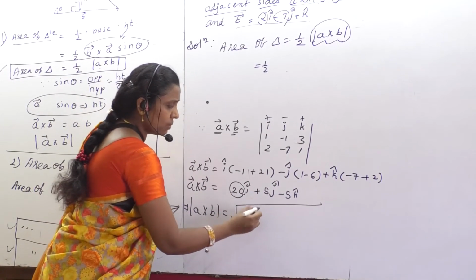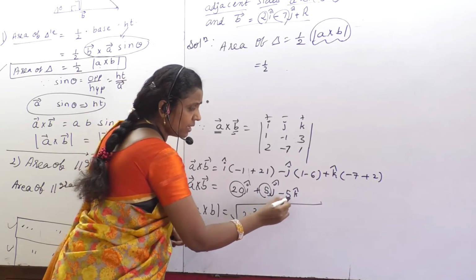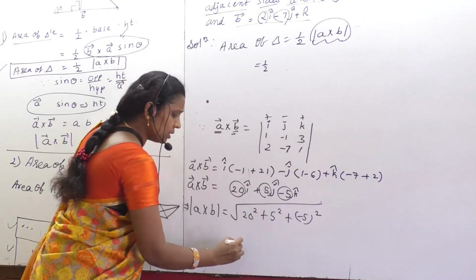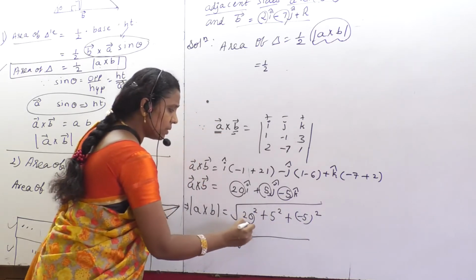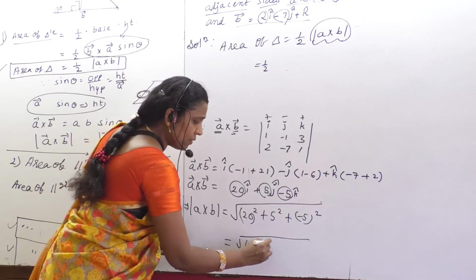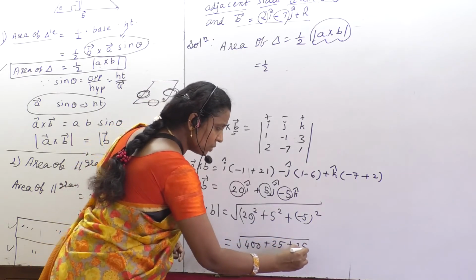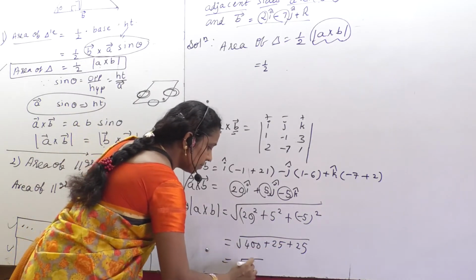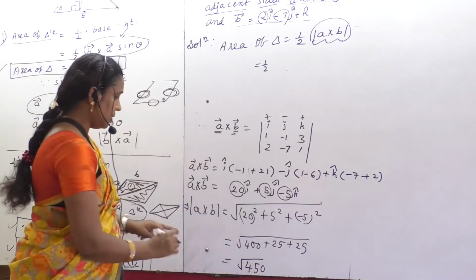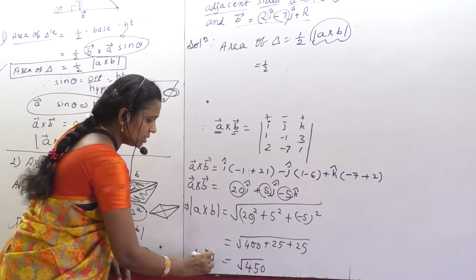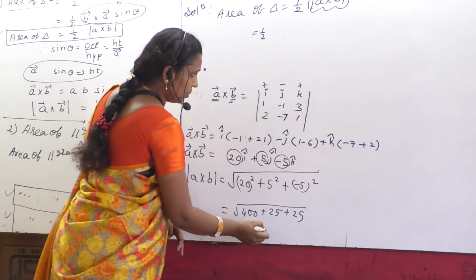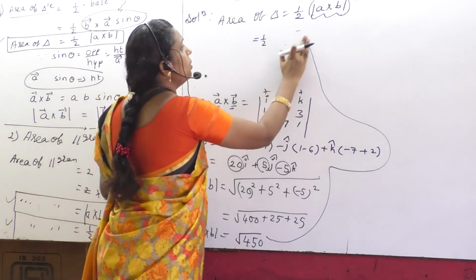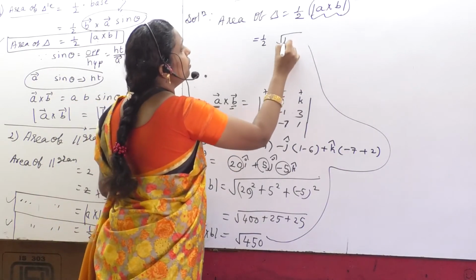It's a square: 20 square, 5 square, minus 5 square, add all these components and you will find one answer. 20 square is nothing but 400, am I right? 5 square is 25, and here it is 25. 25 plus 25 is 50, 450. This is our modulus of A cross B which is required. So this I will be putting here. Now the replacement for this is root 450.